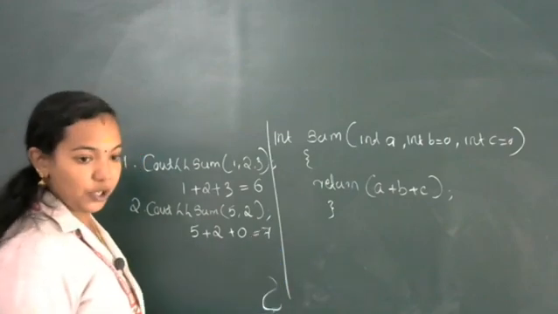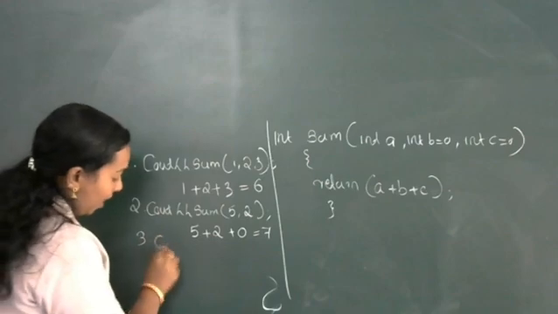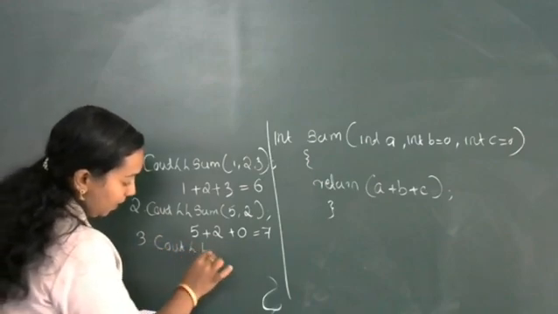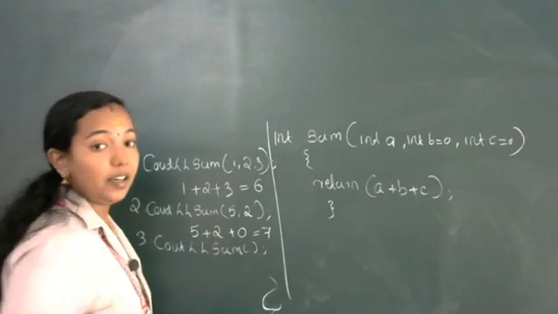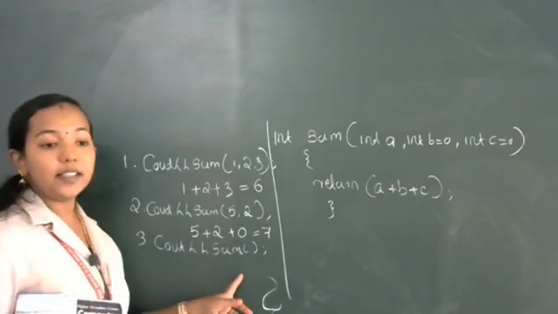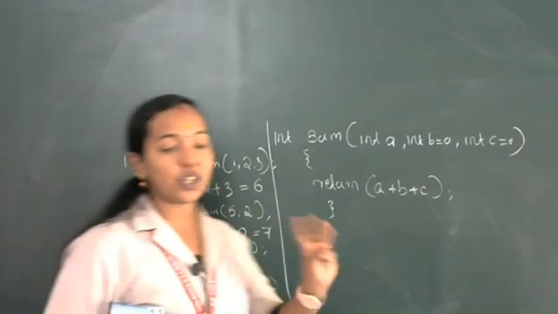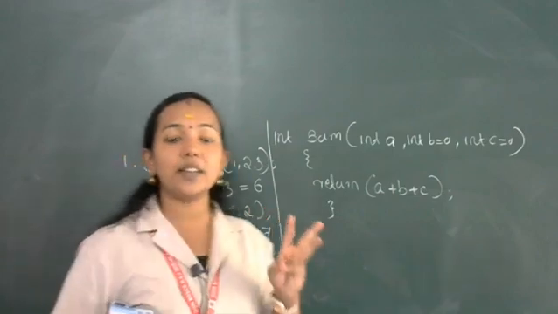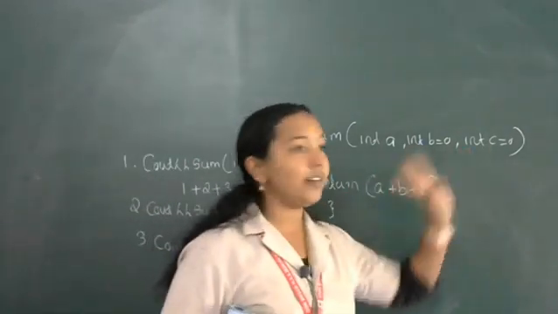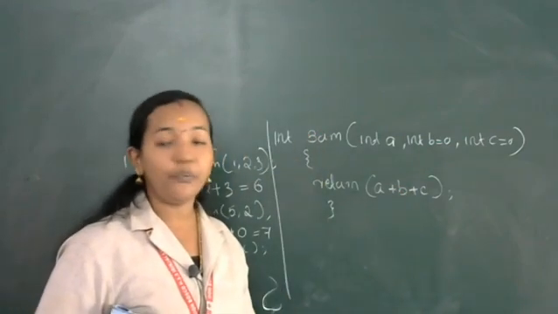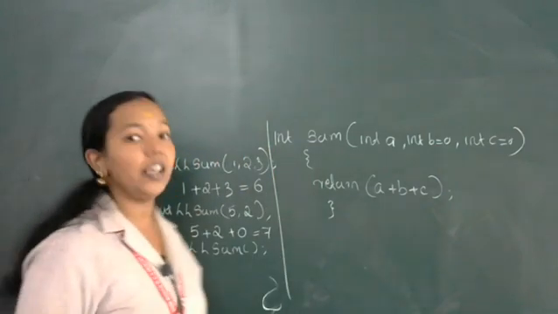Then the third function call is cout sum with no arguments. What will be the output? Actually, this is an invalid function call because the sum function has three formal arguments. Of those three, B and C are default formal arguments, that means default parameters, because they are initialized.